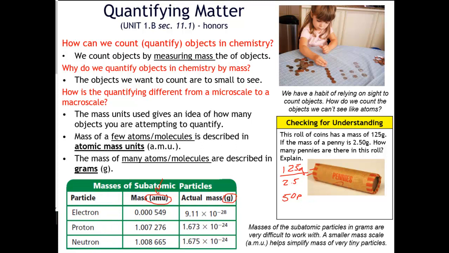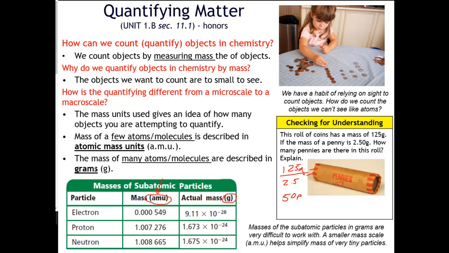If I show you the mass in AMU, you're like, oh yeah, one proton is one AMU, and one neutron is one AMU. They're the same. But the mass in grams is ridiculous to identify because it's extremely tiny, yet we use grams as the unit of measurement when we use the scale.